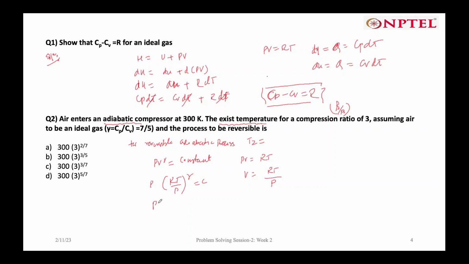So I can write P^(1 minus gamma) T^gamma is equal to constant. Now T^gamma is equal to P^(gamma minus 1), can I write this one?